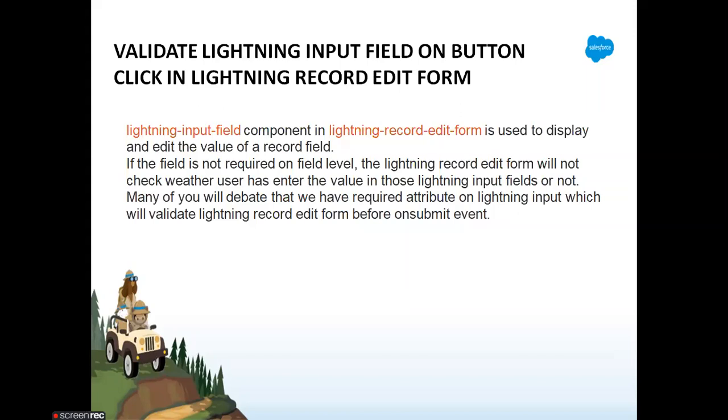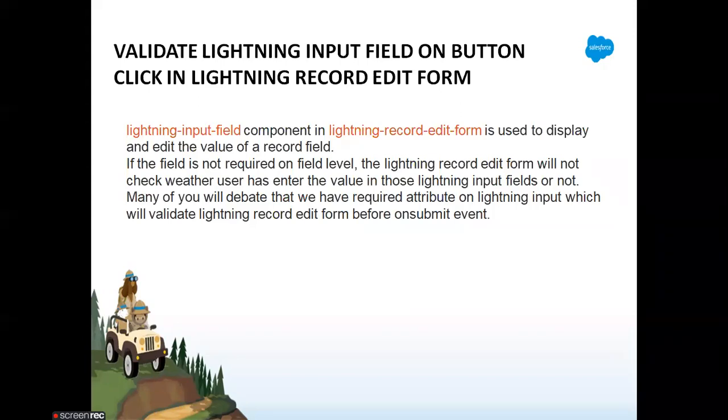So there are two methods. The one is simple: we have a required attribute that can be utilized, or we have an LWC function that can be utilized. If the field is not required on the field label, the Lightning record edit form will not check whether the user has entered the value in the Lightning input field or not.